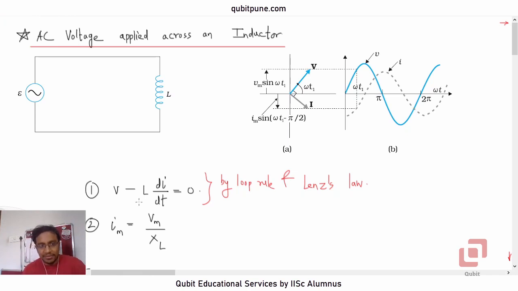I hope you understood that. This V comes from the source, and this negative L di by dt comes from the back EMF due to the solenoid or the inductor.